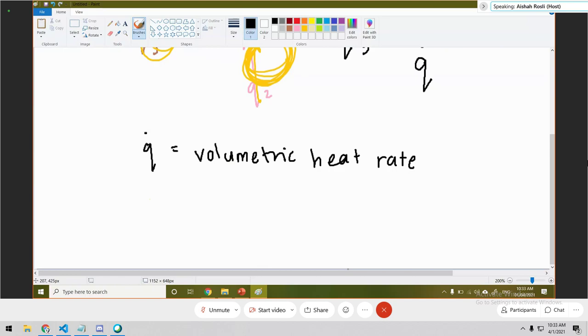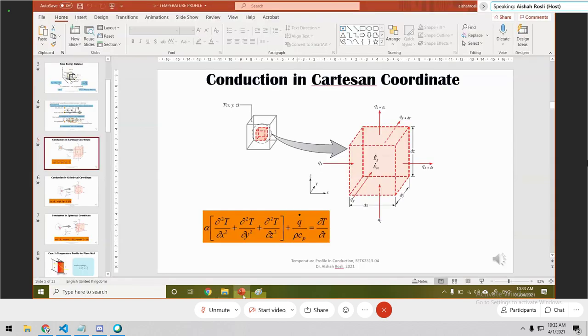So if you're supposed to calculate temperature, for example, in the exam, they should have given you the volumetric heat rate, meaning considering all directions at once. Does that answer your question, Andy? Yeah, okay, doctor. Thank you, doctor.